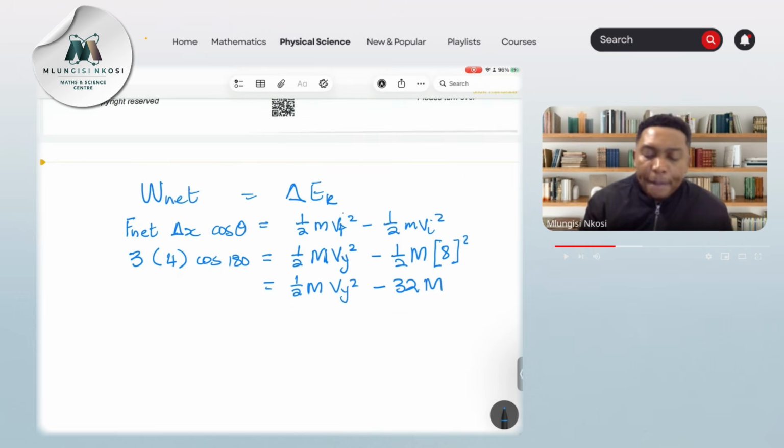And 3 times 4 is 12, but that's going to be minus 12. I'm going to take the 32M to the other side, so I've got 32M minus 12 will be a half.